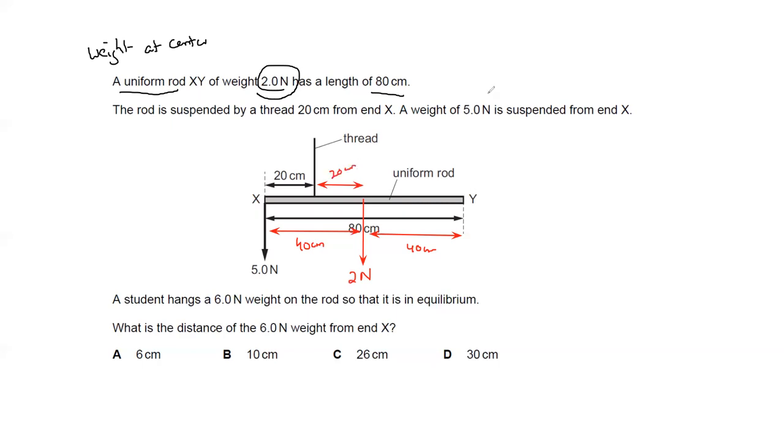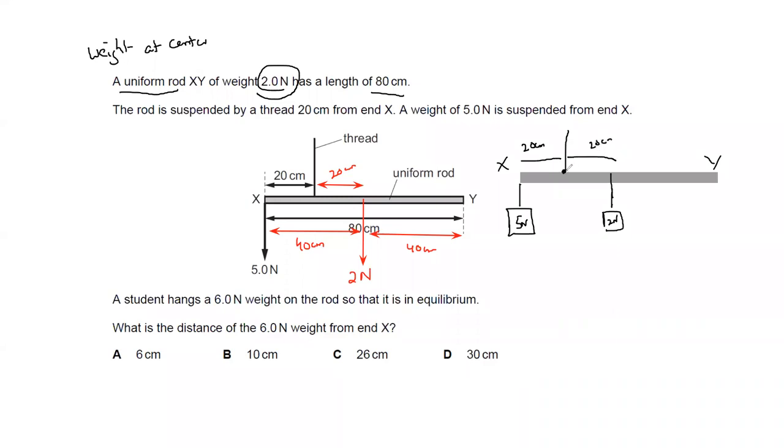So if I draw this rod again, just to explain the idea. So we have rod X and Y. And we attach a thread here. Here we have 5 Newton. And here we have 2 Newtons. This is the 20 centimeter mark. This is also a 20 centimeter mark.